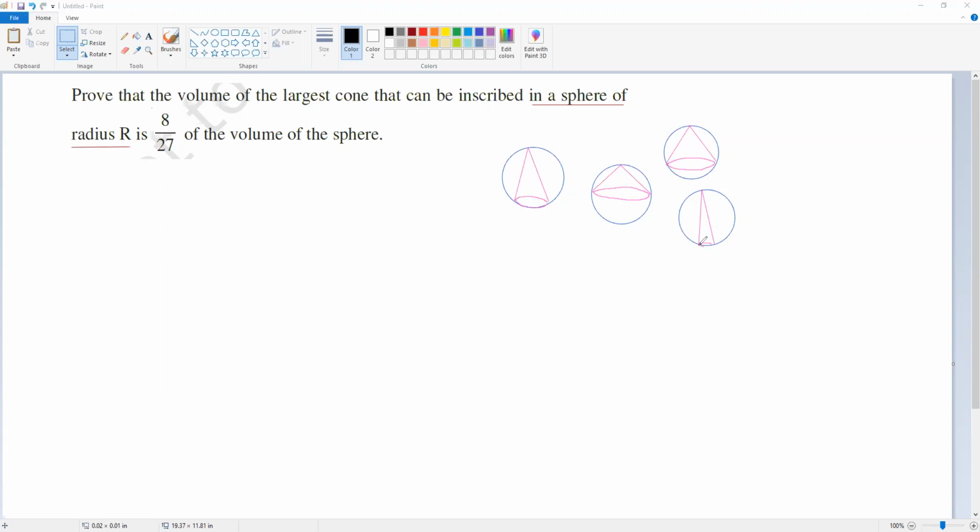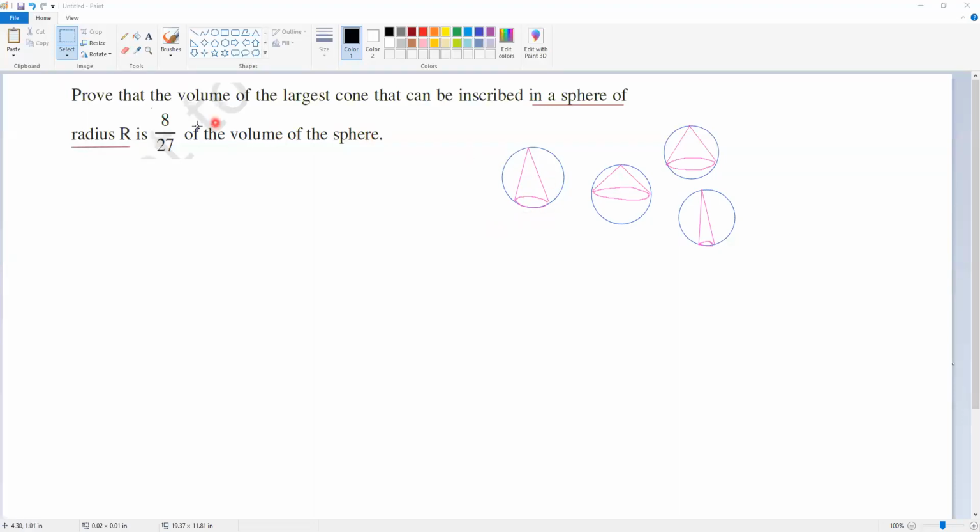See, this is the question. So infinite number of cones can be inscribed inside a sphere.